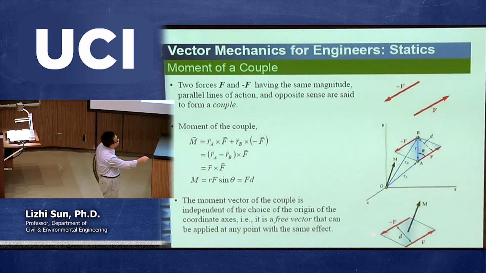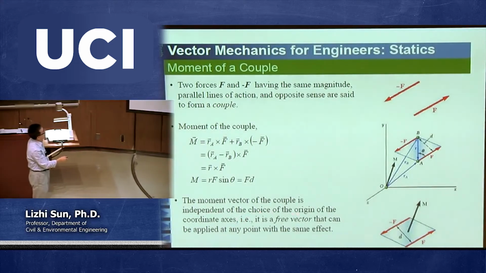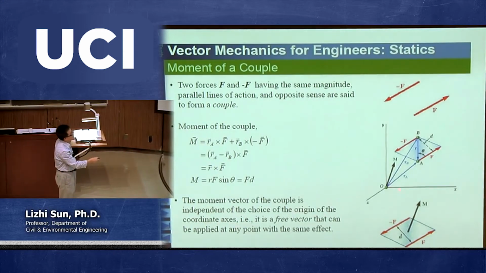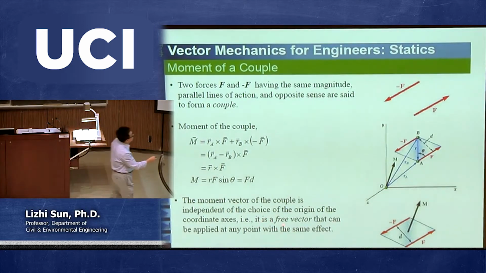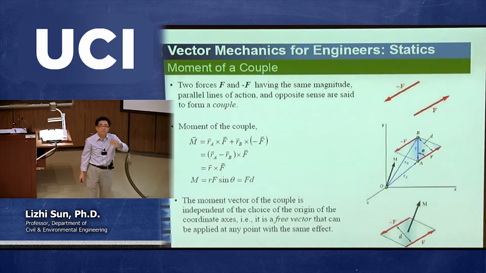If you have these two special forces forming a couple, then the direction of the moment is perpendicular to this force plane, following the right-hand rule, which means if this is the case, it's going to be going up. Okay, so the moment vector of the couple is independent from the choice of origin you pick. That means no matter what, the final result is independent of this, and that means it is a free vector that can be applied at any point you like, which basically gives you the same effect.